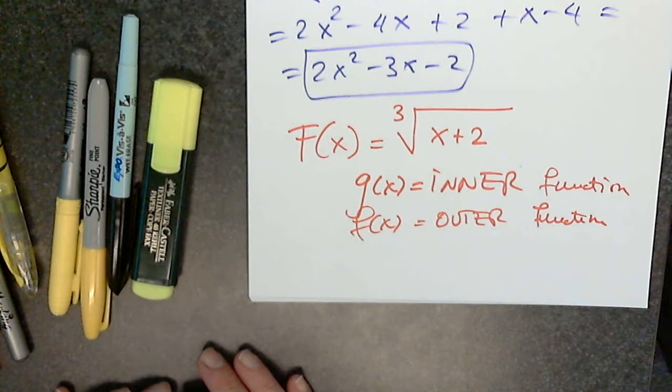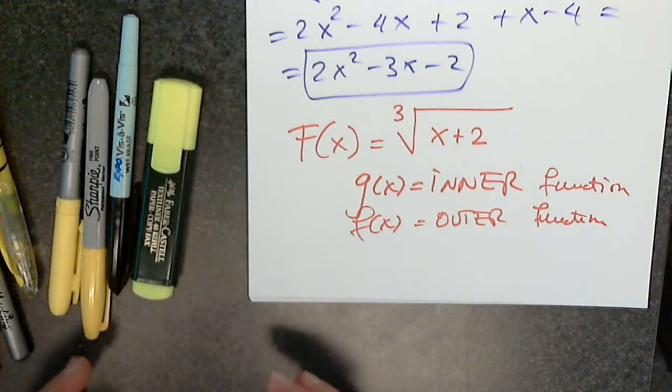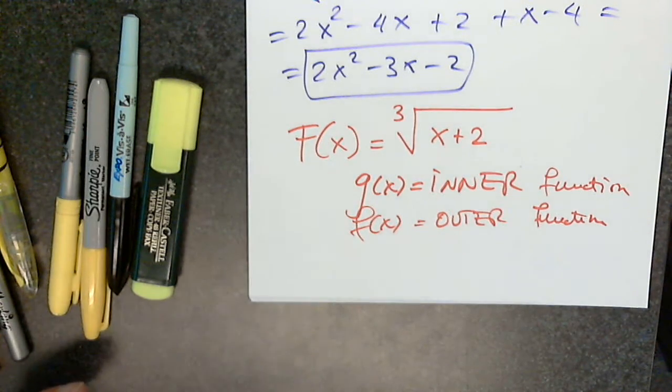Can anyone give us the inner function that you will evaluate first if you were to evaluate uppercase f at whatever number you want? Which function will you plug it in first?